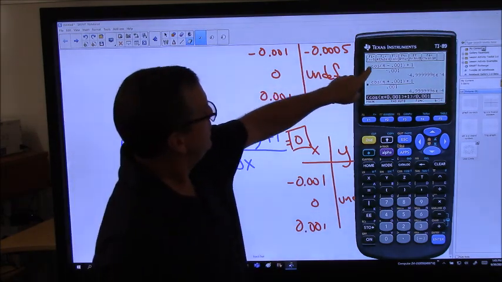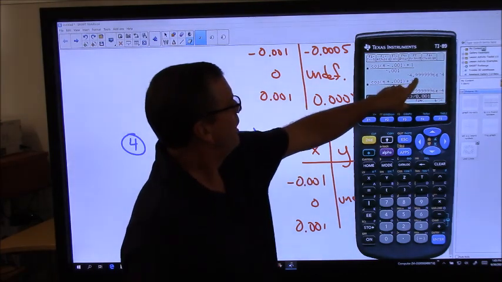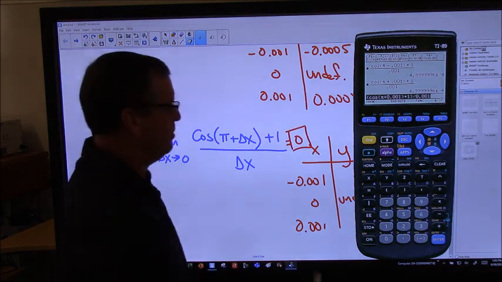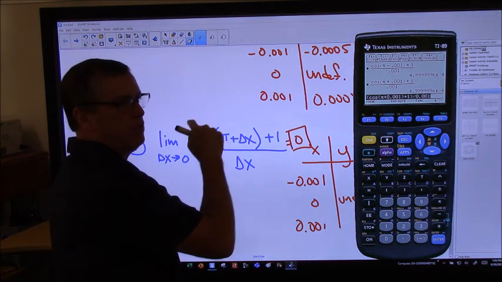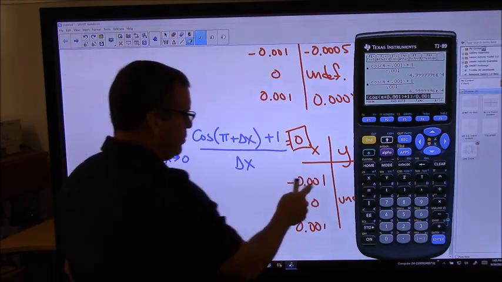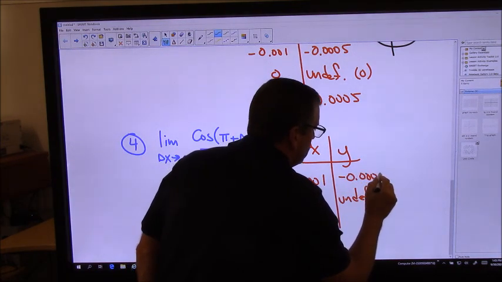When I plugged in a negative 0.001, I got a negative 4.9999999 e negative 4, which means if I move it back 4 places, I get a negative 0.00049, which I'm just going to call a negative 0.0005.